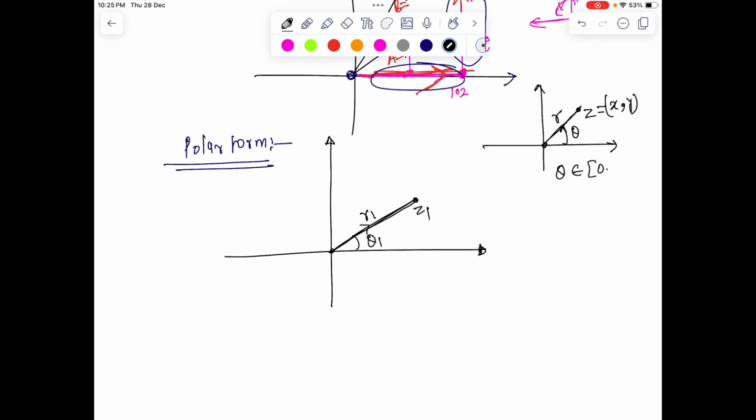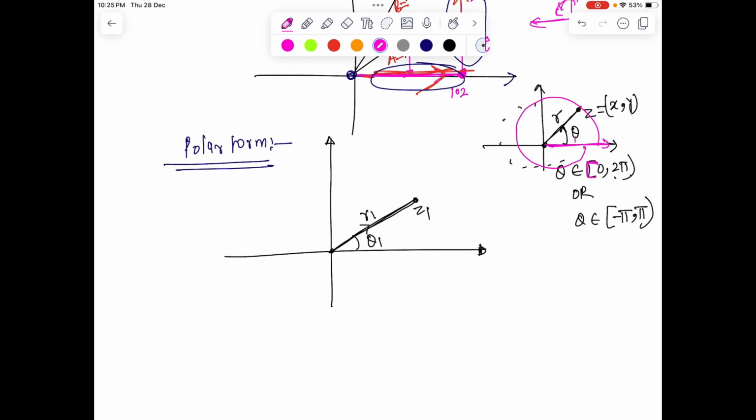Now you are free to put theta from 0 to 2 pi because that will take care of all complex numbers in the 2D plane, or we can even keep theta symmetric, from minus pi to pi. The reason I'm not including these endpoints is that 0 is already included. Once you start from 0 and make a full rotation, you'll come back to 0.